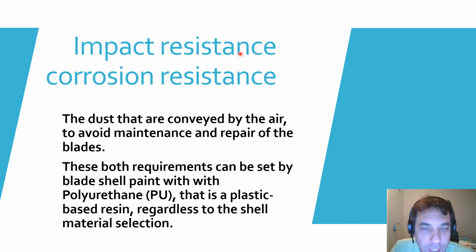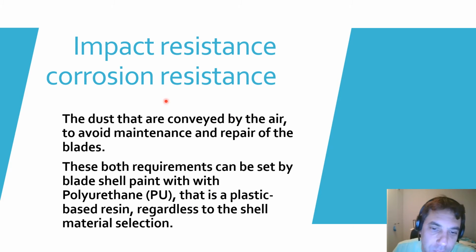Another important issue, another requirement that we must also discuss for the material, is corrosion and impact. But as we can see, it doesn't matter much which material we have.